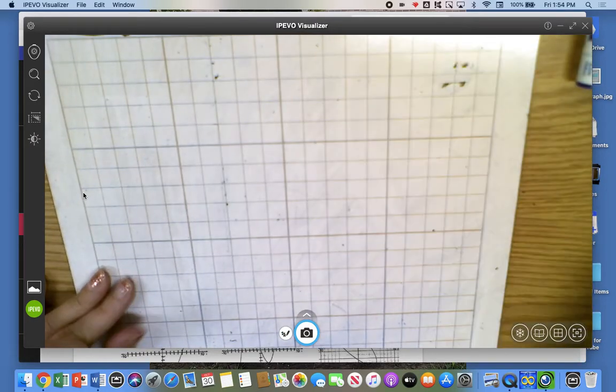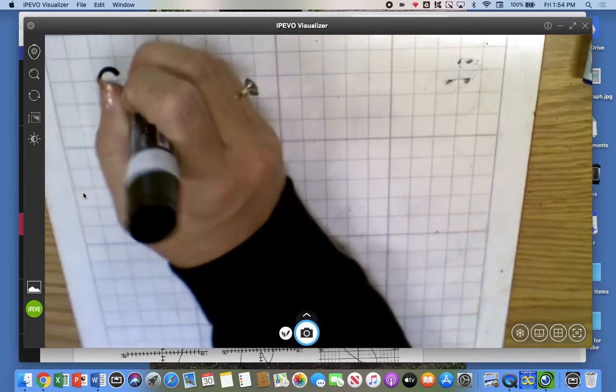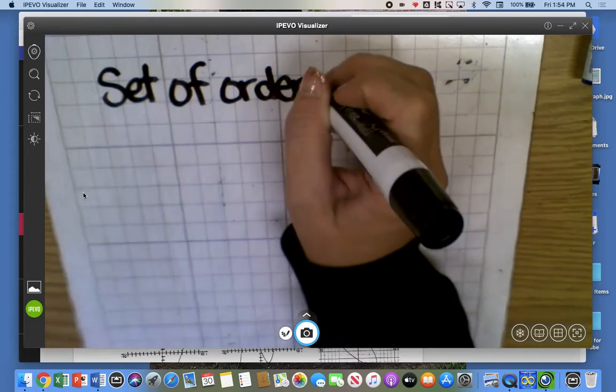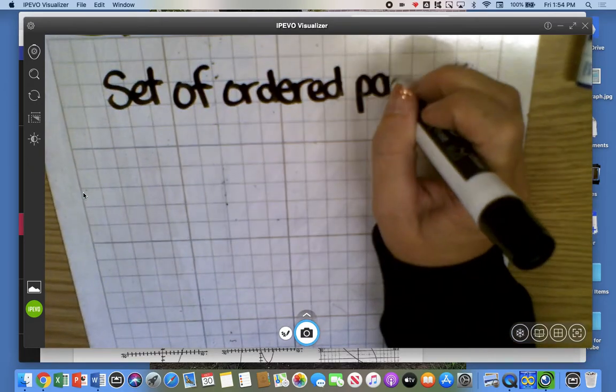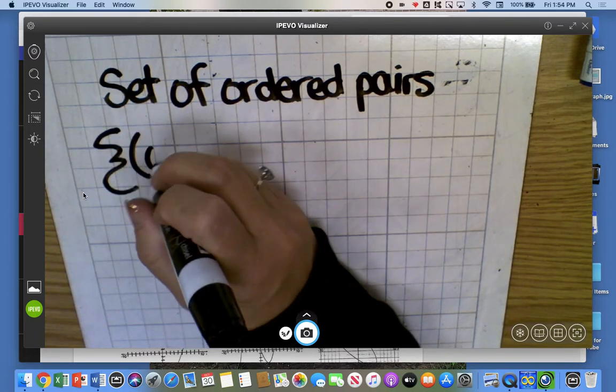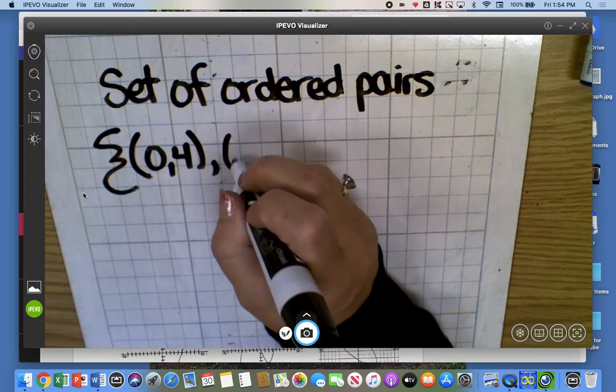And this is just if you have a set of ordered pairs. Sometimes your set of ordered pairs, you'll just be given a bracket with a bunch of points.